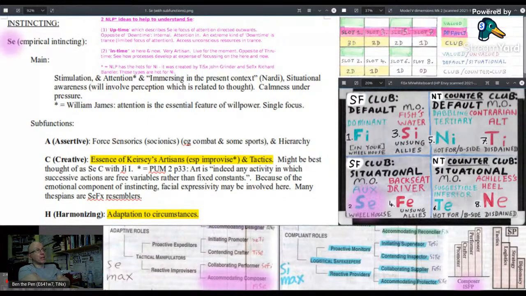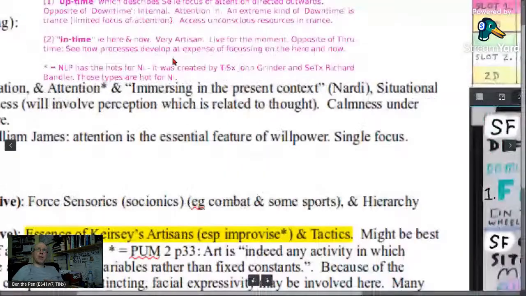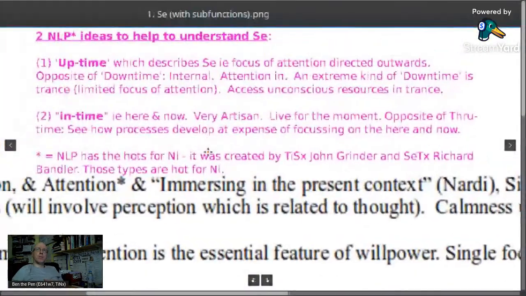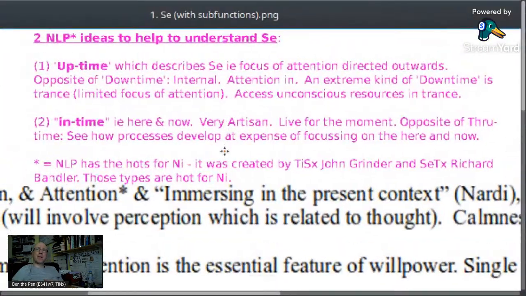But getting back to ISFP, what I'm trying to say here is this difference between SE and SI. I'm going to talk about SI. I'll put SI on, and then I'm going to, you see, I don't want to forget about it.